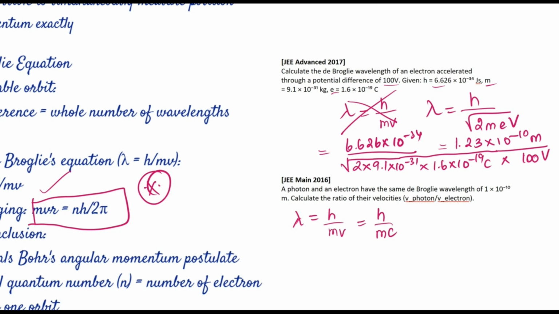In that case, the values will get cancelled out. We'll get c by v, and from here I'm getting that v is equal to h by m lambda, right?